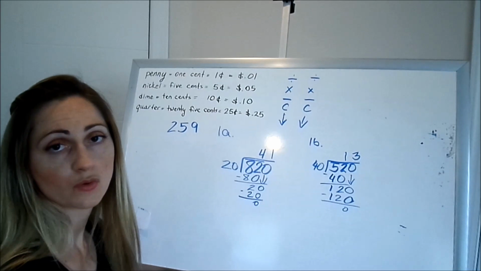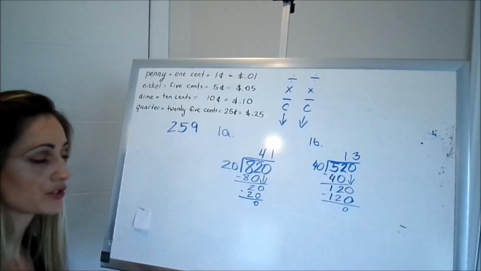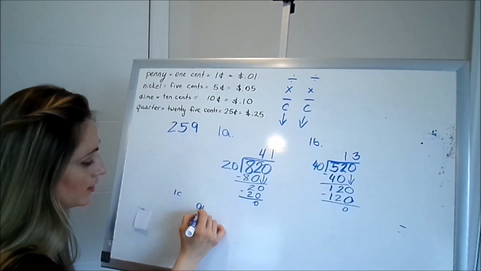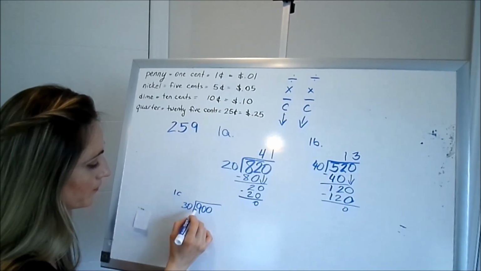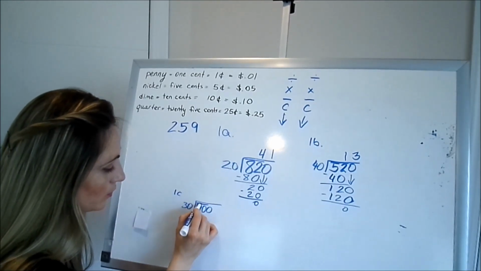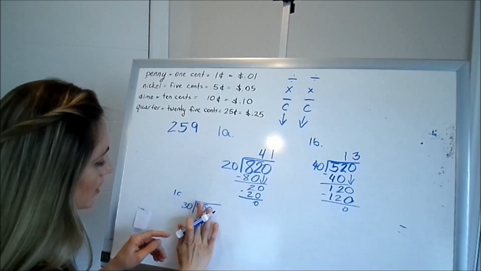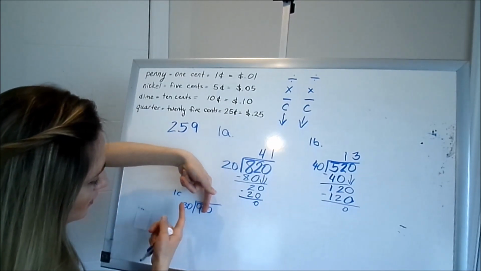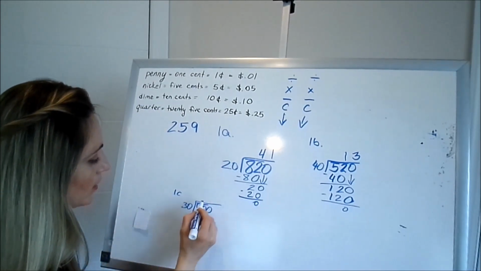And I'm going to do 1C just in case some of you are struggling there. There's 1C. There's your 900 divided by 30. We're going to divide the whole 90 by 30. 90, cover up the 0, cover up the 0. How many 3s fit into a 9? 3 of them.